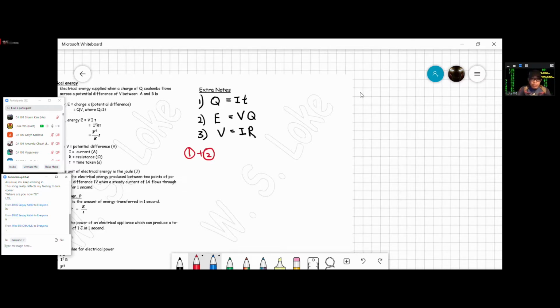This goes into this. What do you get? You will get electrical energy equals VIT. Can you see that? Sir, new formula, sir. For me, it's not new. It just combines. Understand? Is that clear? Maybe for some of you, it's new. For me, it's just a combination only. You already know it. Understand or not?